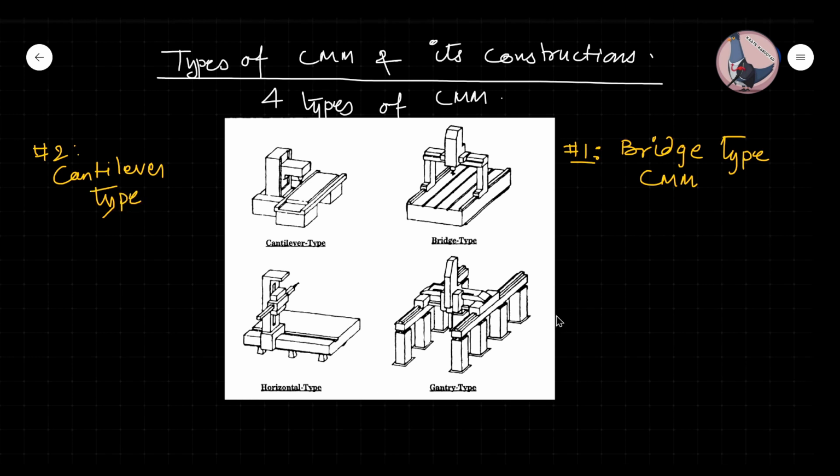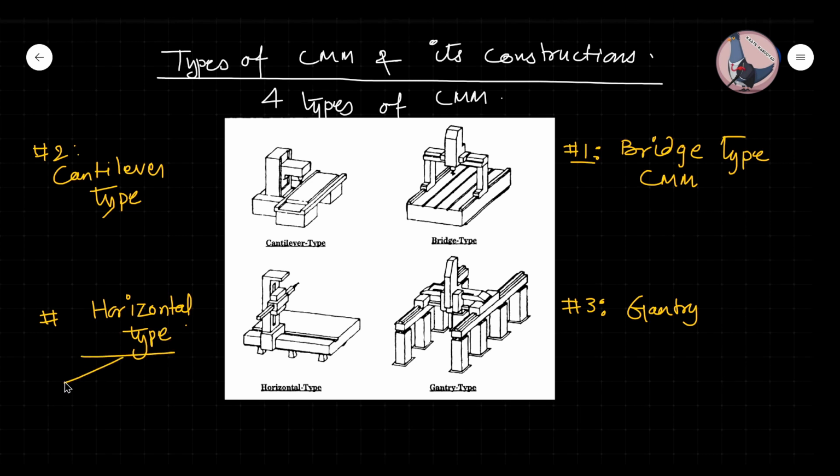Third one is your gantry, and fourth one is your horizontal type. So these horizontal types are further of two types: side plate type, and your rails type.